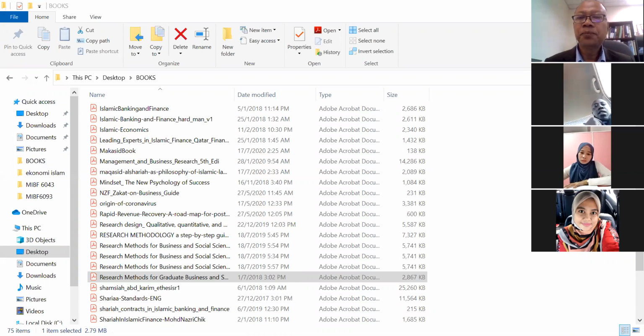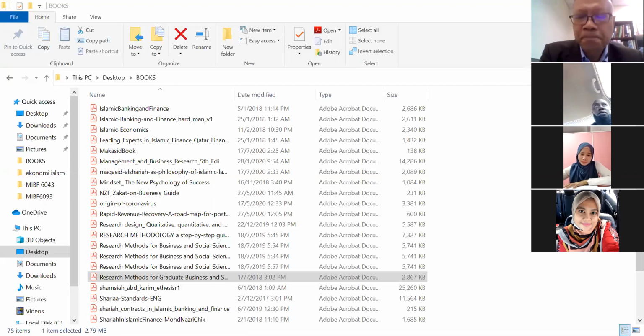Okay, thank you, Doctor. I think as you've mentioned, you have to know your problem first. If you have a problem about non-Zakat payment, you have to know that Zakat payment depends on specific factors.